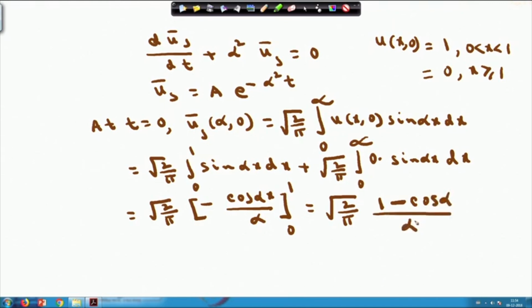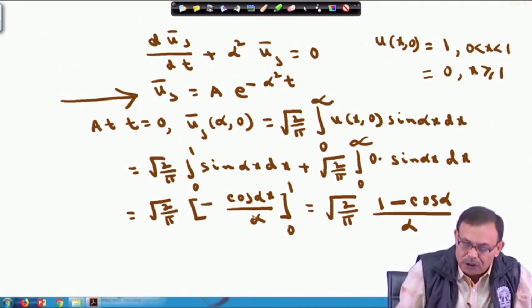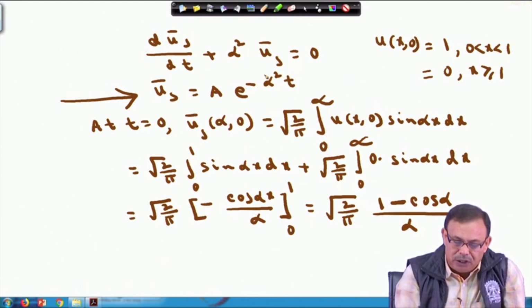So at t equals 0, I am obtaining u bar s equals this. Now I substitute this condition in the given equation to find the value of a. Please note that at t equals 0, e power minus alpha square t will be 1.